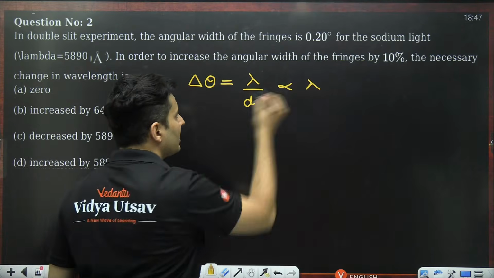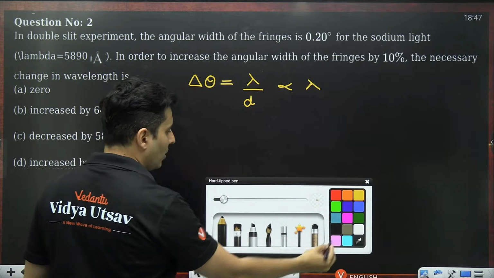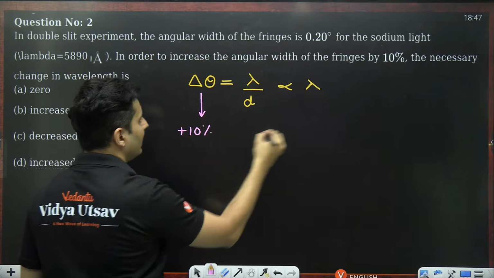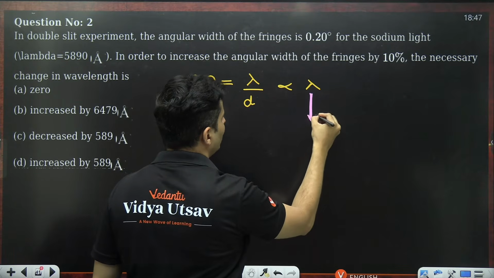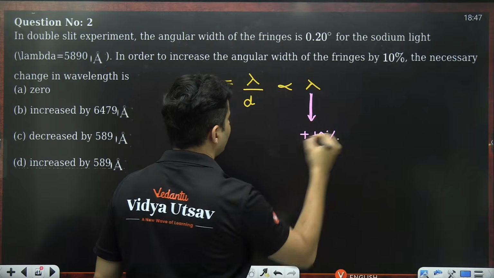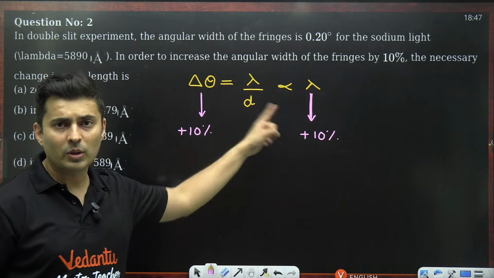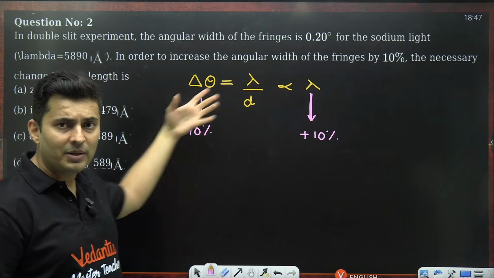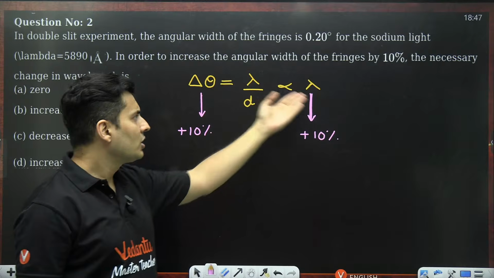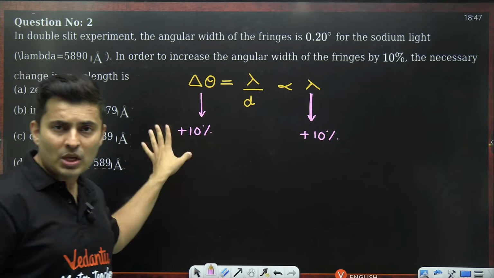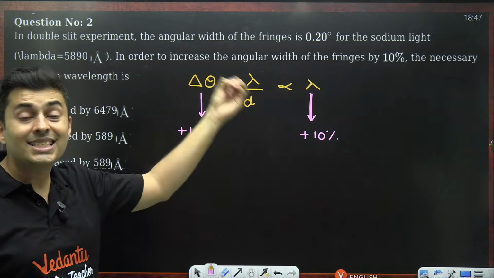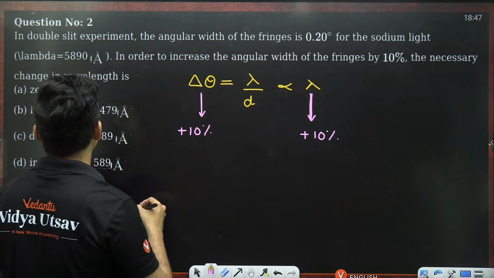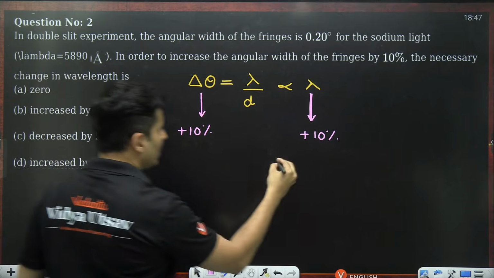Since this is proportional to lambda, if this has to be increased by 10%, then I will also have to change this by 10%, because they are directly proportional to each other. If this changes by 5%, this will change by 5%. If this decreases by 7%, this will also decrease by 7%. So both of them will have to increase by the same percentage.